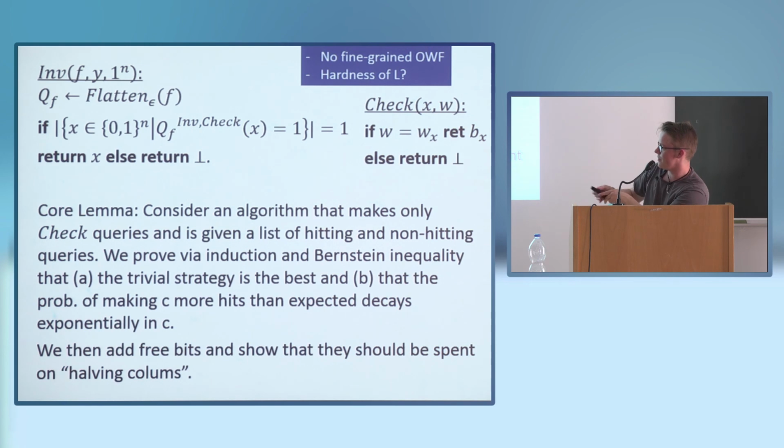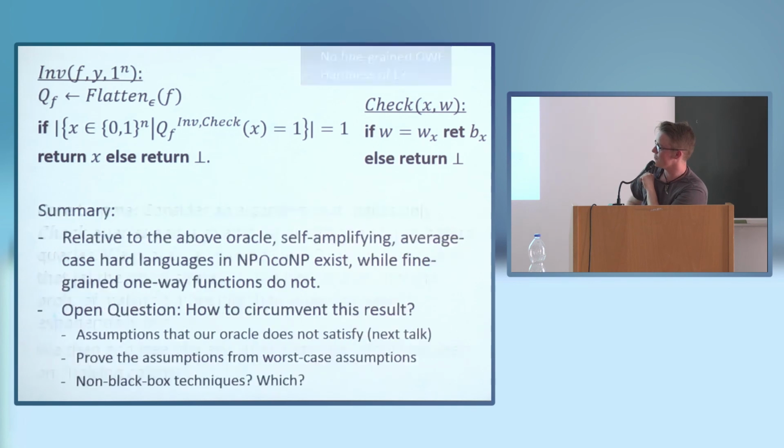For the free bits, essentially each free bit only halves the number of witnesses that the adversary needs to go through. And these are the main proof ideas to show that this function is self-amplifying average case hard.